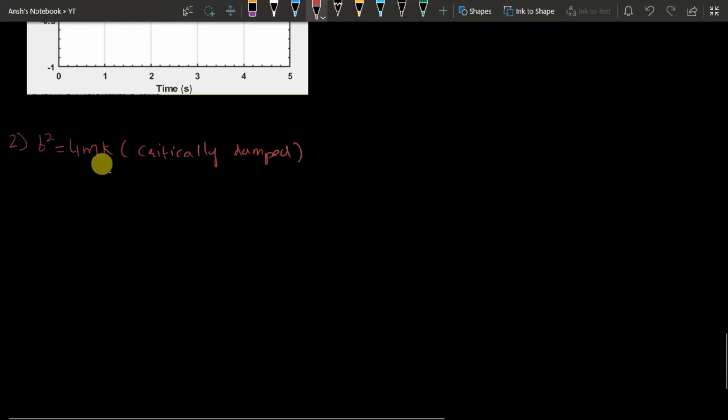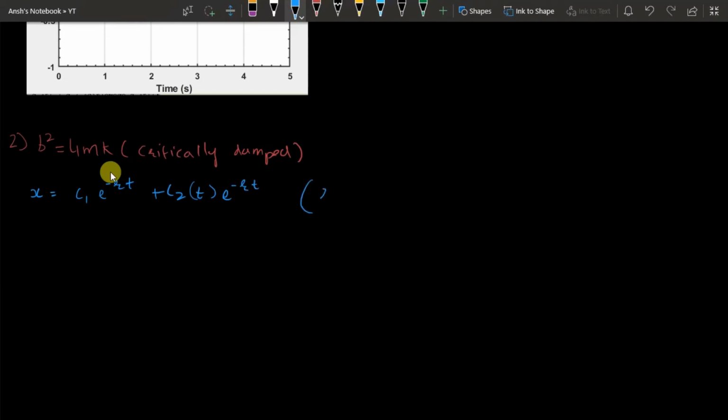So in this case, the general form of the solution when we only have one root will be of the form c1 e raised to minus rt plus c2, and then we multiply the second term with a t, and again e raised to minus rt, and here r will be equal to b over 2m.